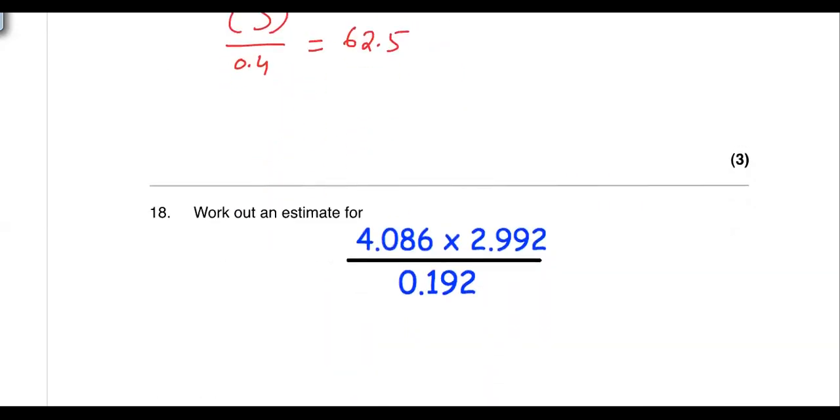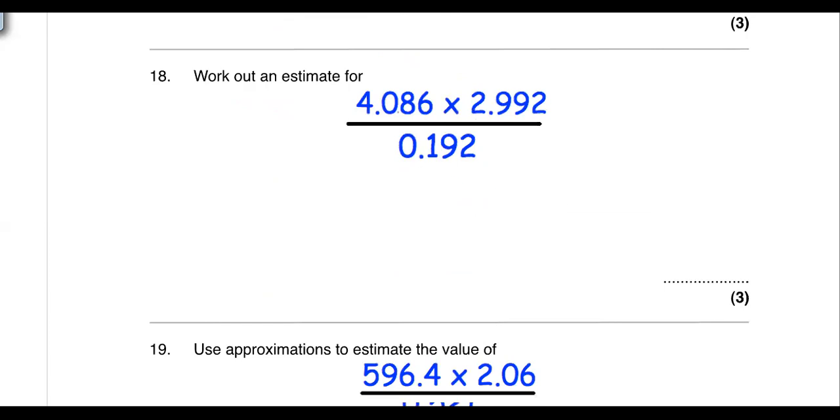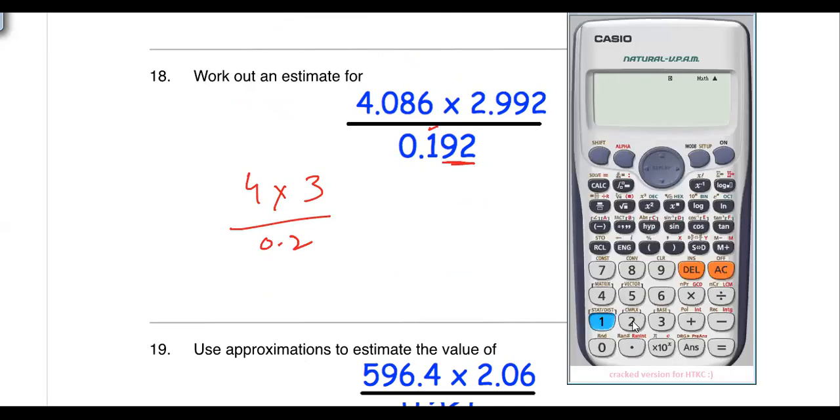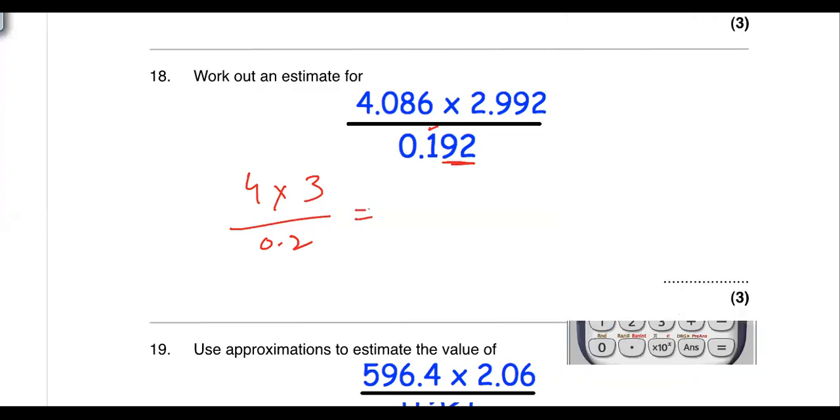In the same way, rounding to one significant figure, it will give us 4. Rounding to one significant figure, 3. To one significant figure, 0.2. Because look, this is the first significant. We don't need these, but before removing, it will add 1. So 0.2. So 12 over 0.2 will make 60.